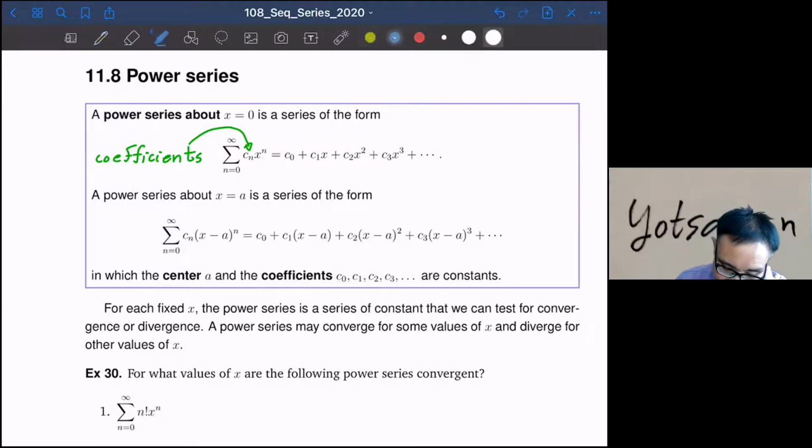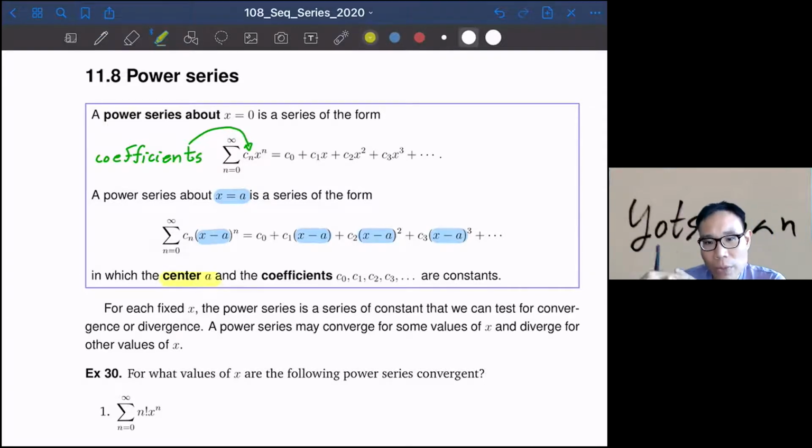When you have x equal to a, the term for x is going to be changed to x minus a. Okay, so it's going to be x minus a, x minus a squared, x minus a to the third. And we're going to call a the center.